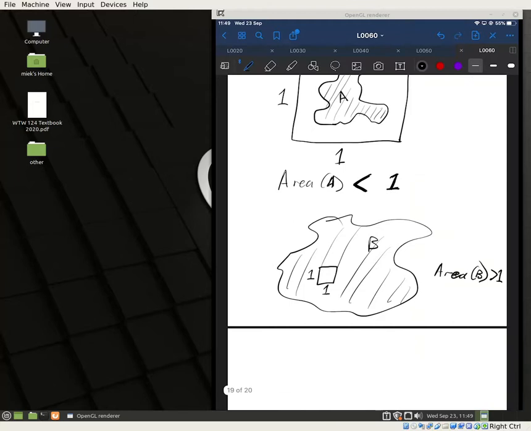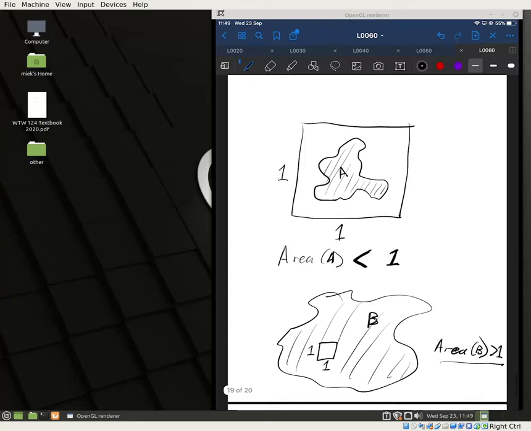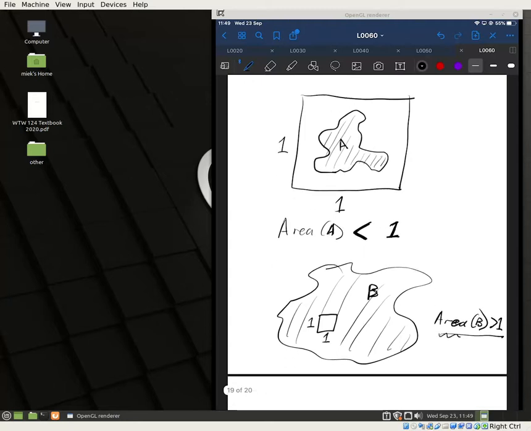If we can fit a square with side lengths of 1 unit inside of B, we know that the area of B is bigger than 1. So even though we don't know what the areas are, we can say that it is less than 1 or greater than 1.